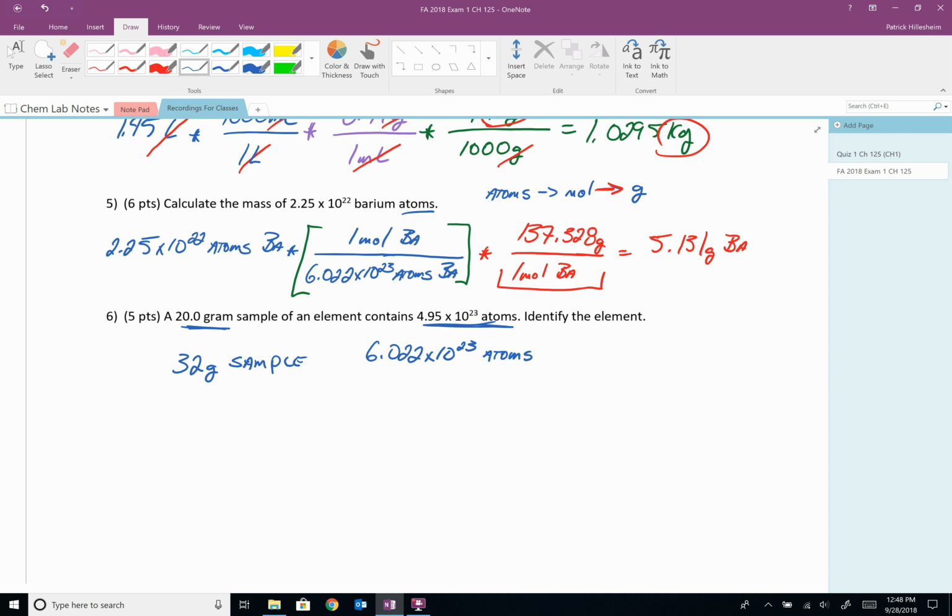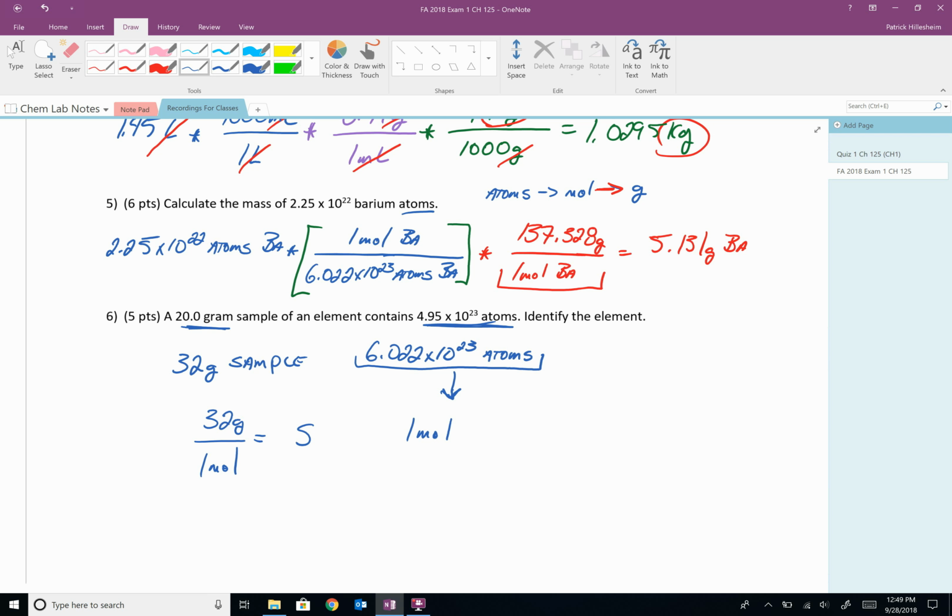Well, here's where we have to think. The number of atoms doesn't really tell us much directly. But if we convert this into moles, that's 1 mole. 6.022 times 10 to the 23rd defines 1 mole. And if I have 32 grams in that 1 mole, that's what sulfur is equal to. If you take a look at the periodic table, it's telling me that for every 1 mole of sulfur, I have 32 grams.